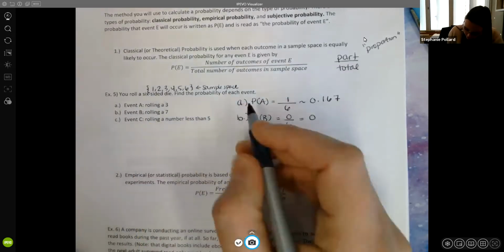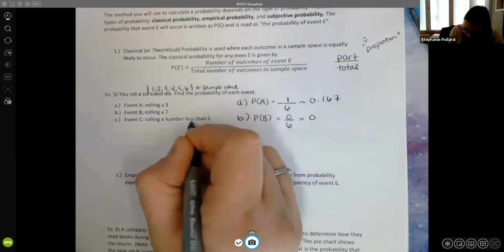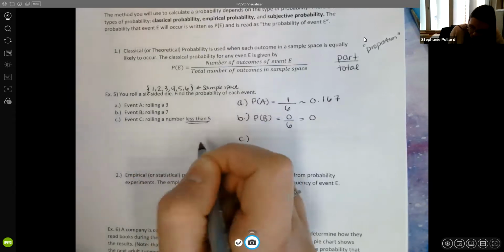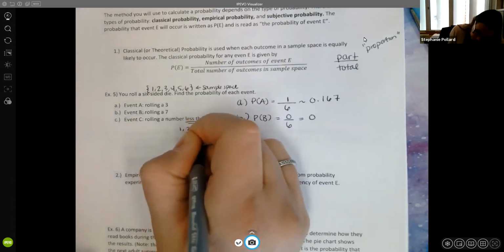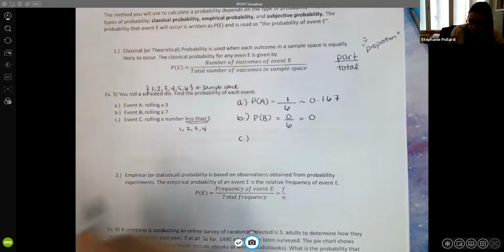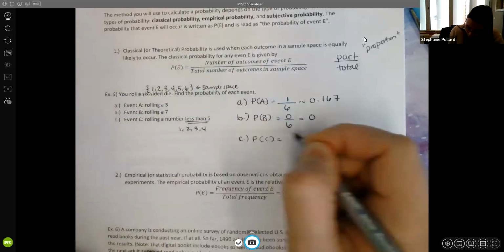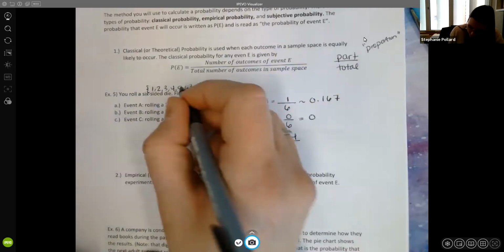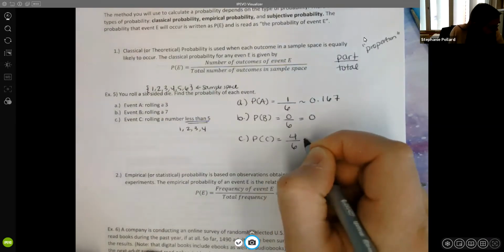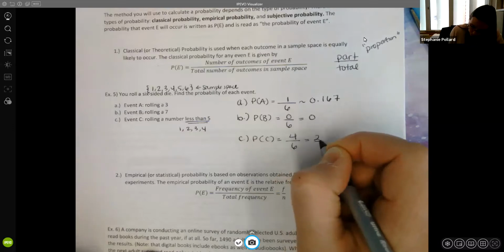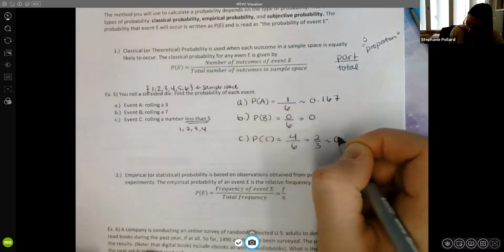And then for event C, rolling a number less than 5, you could roll a 1, a 2, a 3, or a 4. So for the probability of event C occurring, there are 4 ways to get this to happen, and there are 6 possibilities altogether. So we get 2/3, which is about 0.667.